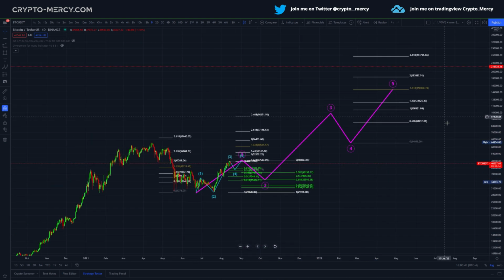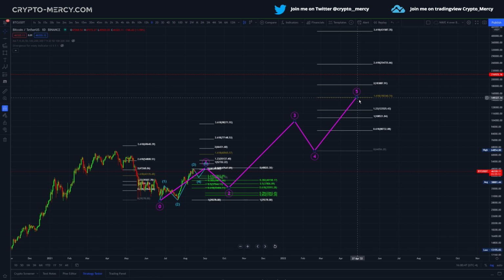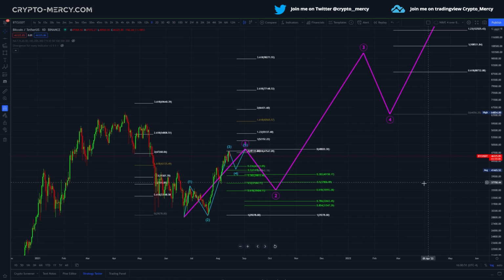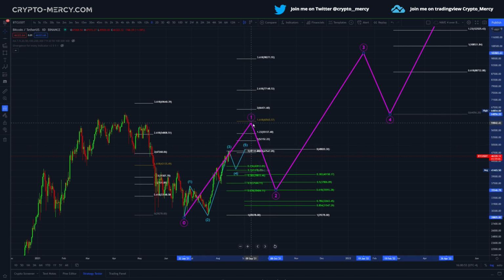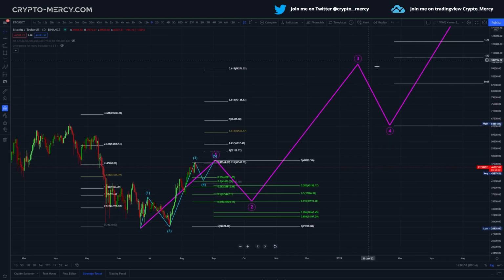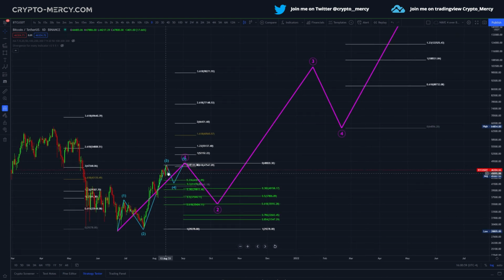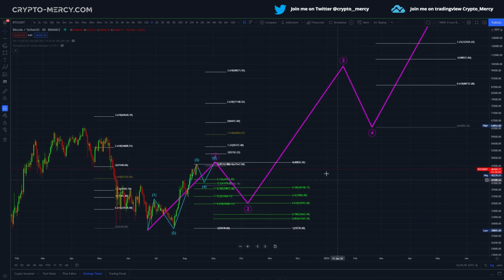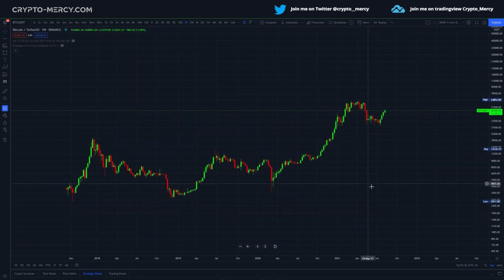This is for now a possibility, but we can presume also that this wave 1 can go higher. We will see what happens, but now this is just a prevision with the data that I have if we want to go inside the bullish scenario. This was the top of the last bull market.